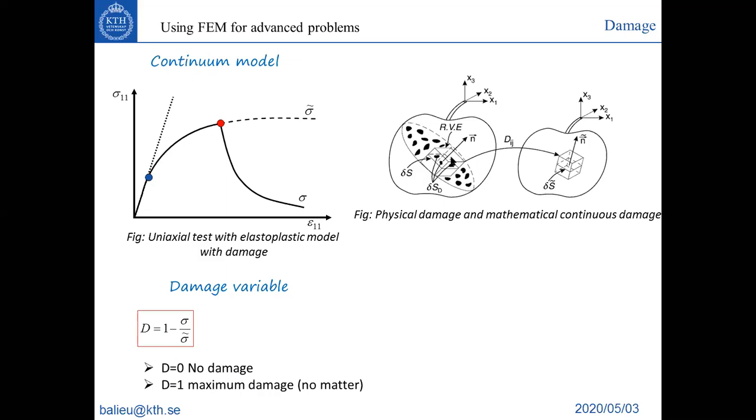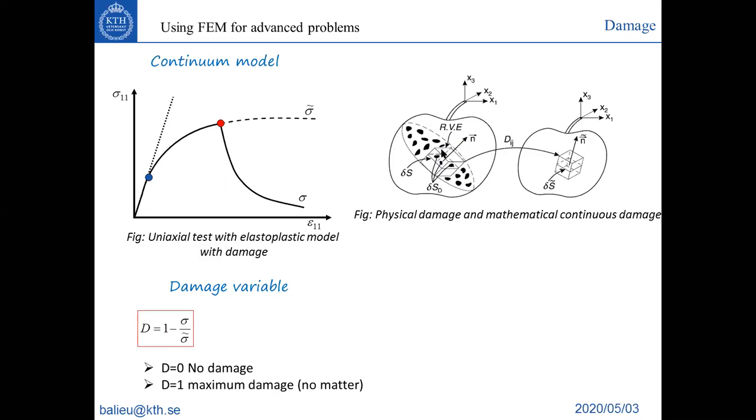So let's go a little bit deeper into the definition of this damage variable. This is a piece of material, and inside it you take a small amount of material. This is an RVE, a representative volume element. It is a small part of material, but sufficiently large to be representative of the integrity of the material.